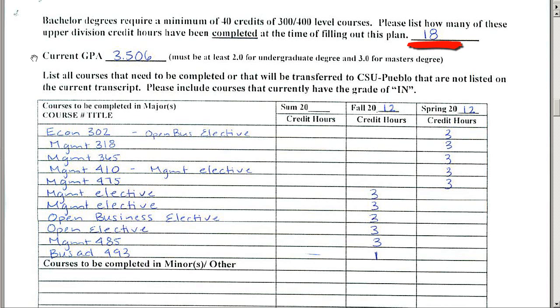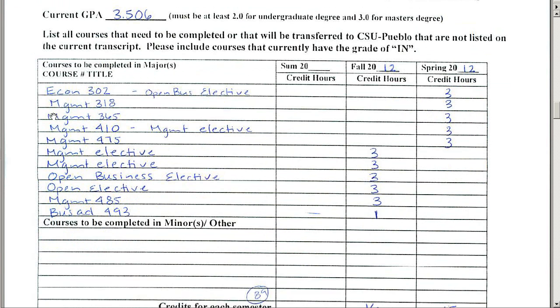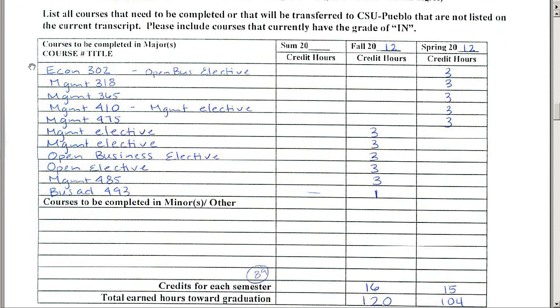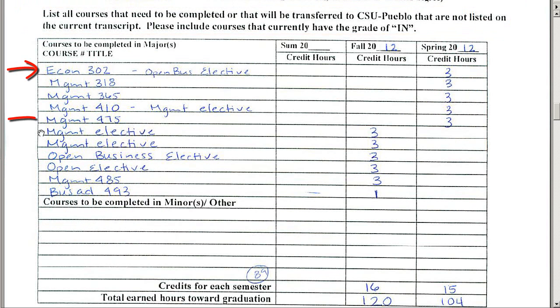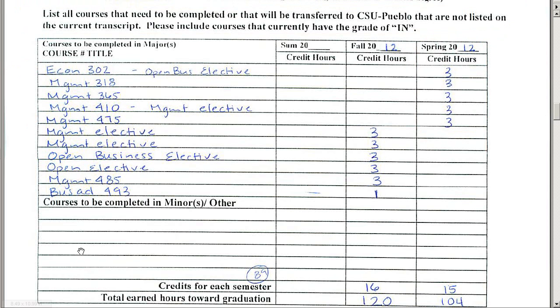You would also, using the transcript, identify what their current GPA is. Below that, you would identify what classes are needed to complete graduation. In the current semester, he will need all of these classes from here to graduate. They are listed in his spring 12 semester.